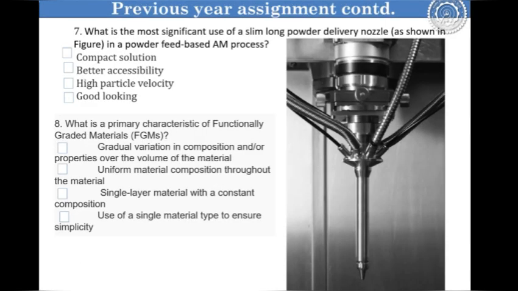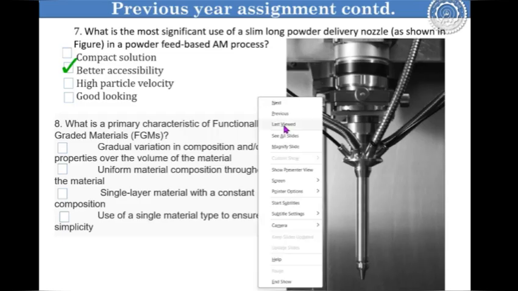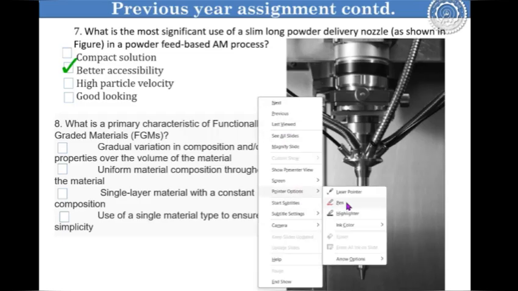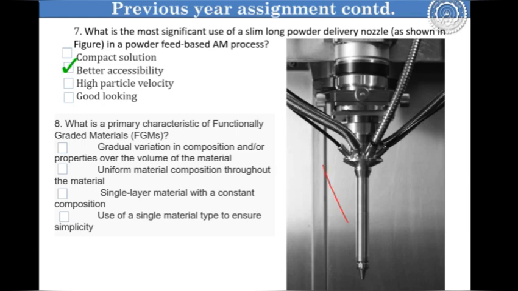What is the most significant use of a slim, long powder delivery nozzle? It's because of the better accessibility. If you see the typical size and shape of the nozzle used in cladding, it's quite big and quite thick. It looks like this.